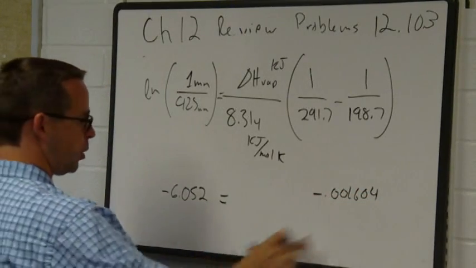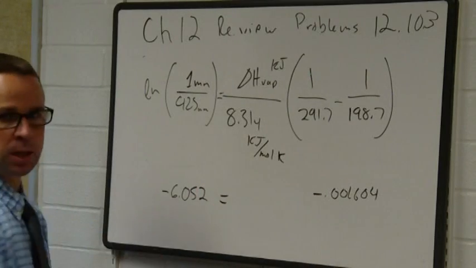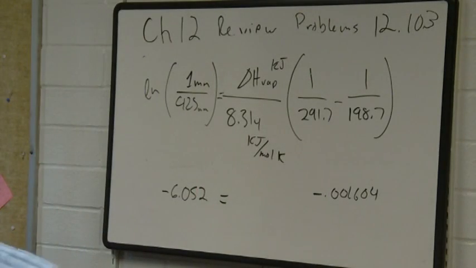I can bring it over here by multiplying both sides by that negative 0.001604.